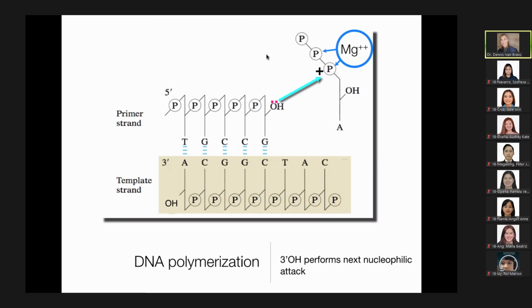This is what we call 5' to 3' polymerization, where the 3' hydroxyl group is the only one that can accept an incoming nucleotide. So remember this principle, and you would understand right away why there is a leading strand and a lagging strand in DNA replication, and why there is shortening of the telomere, as well as the lengthening of the telomere.